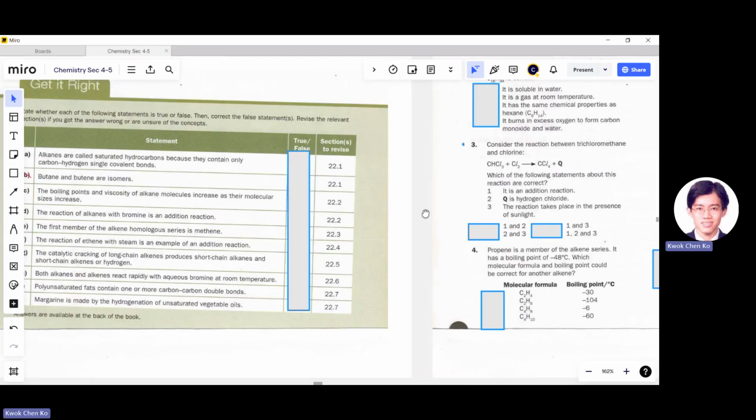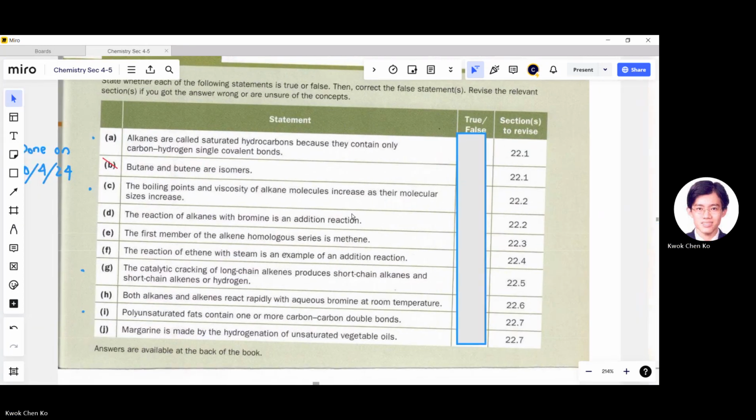Okay, let's quickly go through A, true or false? Well, it's actually false because you forgot something. This is a trick question. Carbon, hydrogen, single covalent bonds. That means they only have C and H bonds. Not true, right?